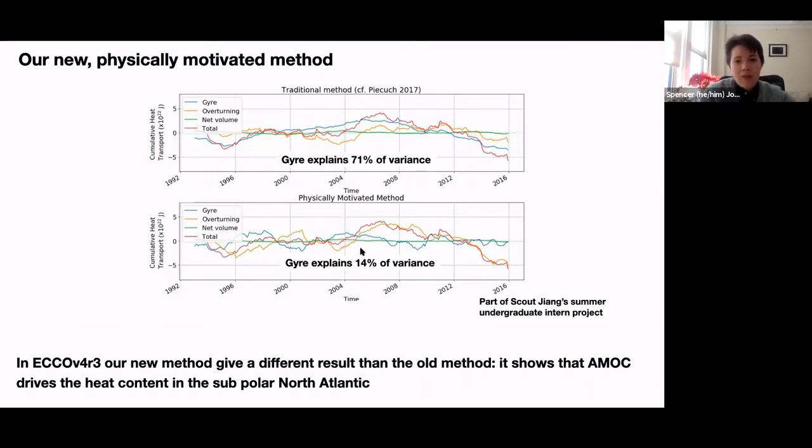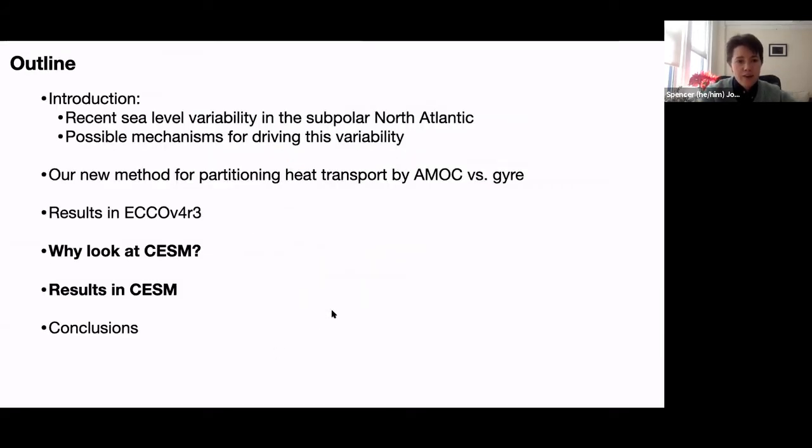And then we find in our new method, the gyre only explains about 14% of the variance, and in fact most of the variance is explained by the overturning circulation. So in ECCO before, it really seems like our method shows that the AMOC is driving the heat content variations.